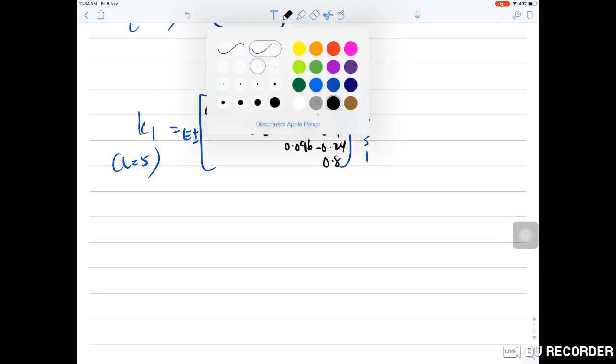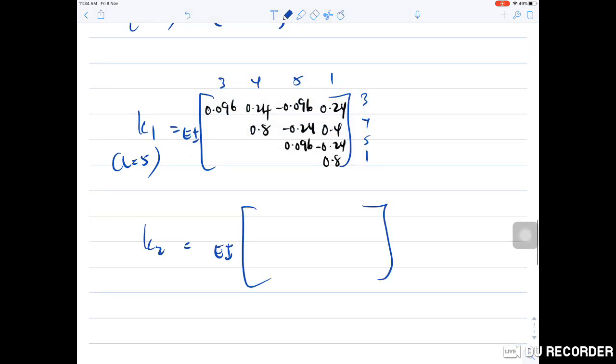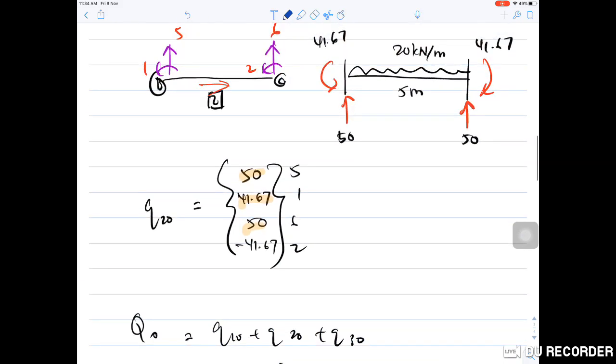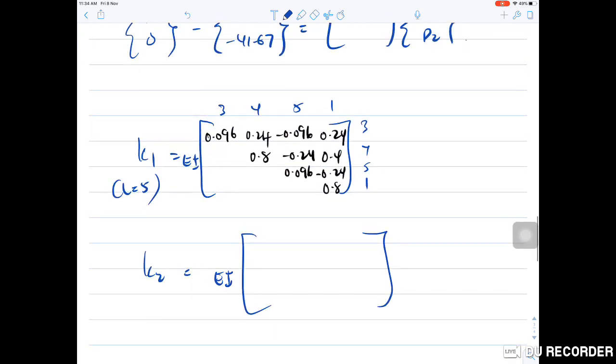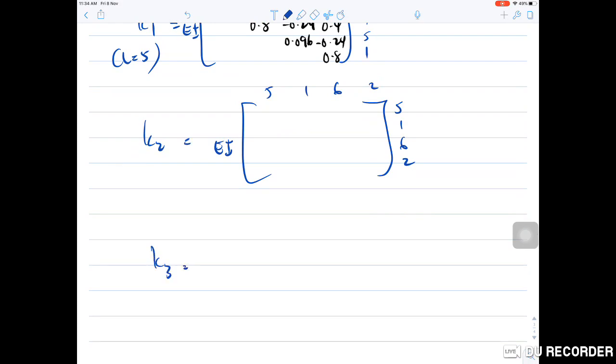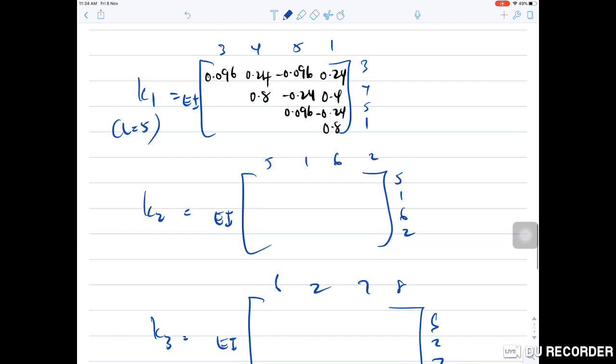The labels for K2 are 5162, and for K3 are 6278. The values inside are equal because the distance is the same.